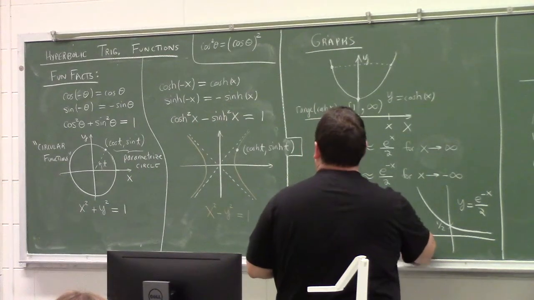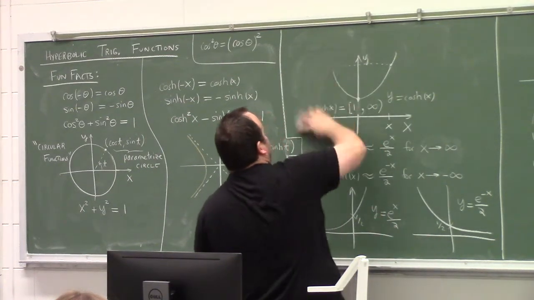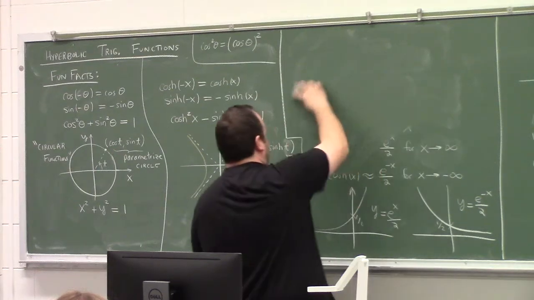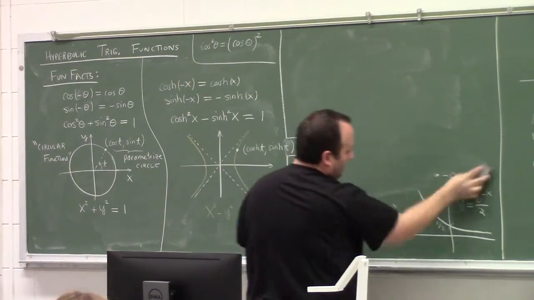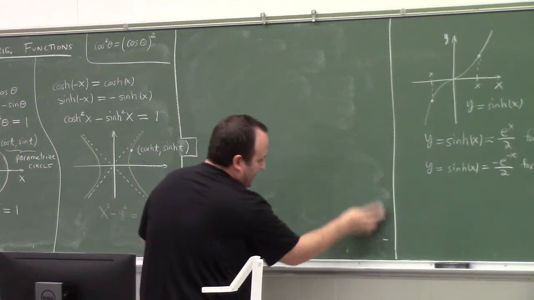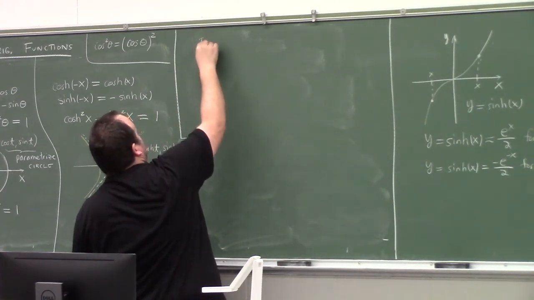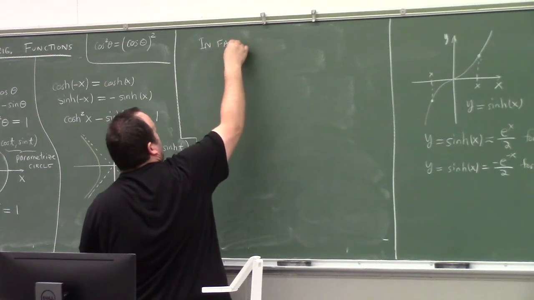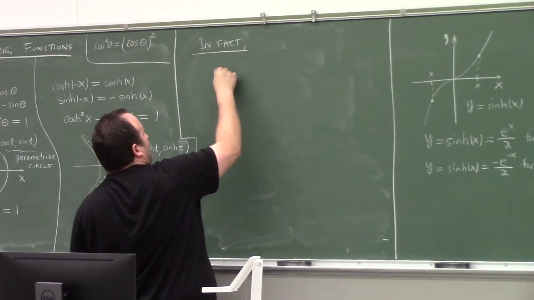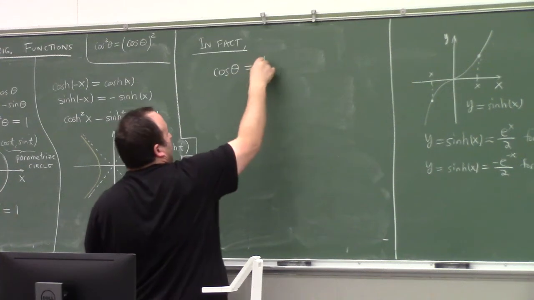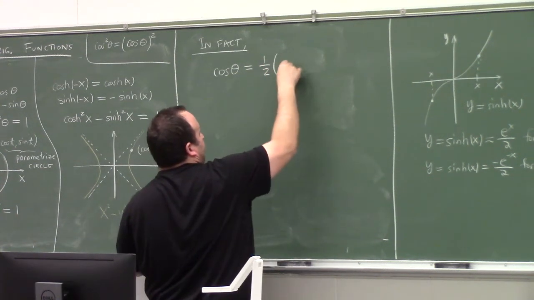Now I will momentarily really misbehave. I'm going to take my misbehaving to another level at the moment. But in fact, you can write cosine itself in terms of an exponential.